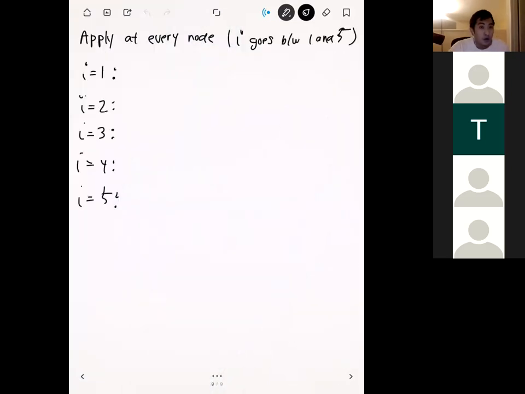When we apply it for i equal to 2, we have phi 2 at n plus 1 is equal to 4.8 phi 1 at n minus 8.6 phi 2 at n plus 4.8 phi 3 n.